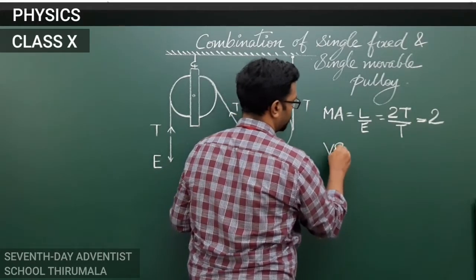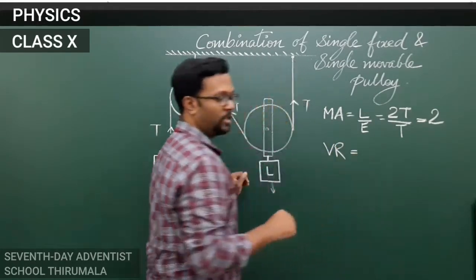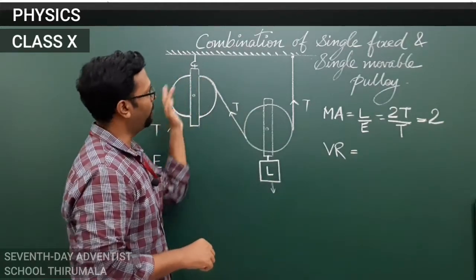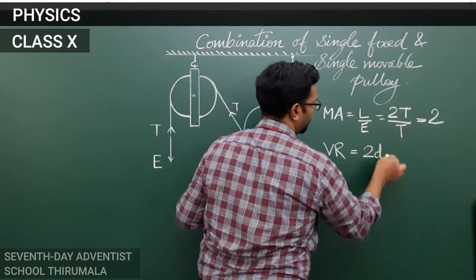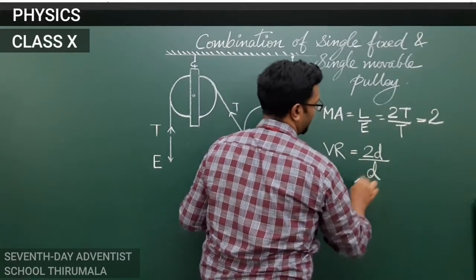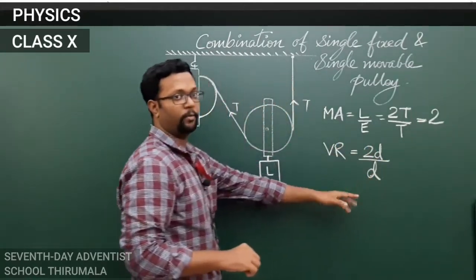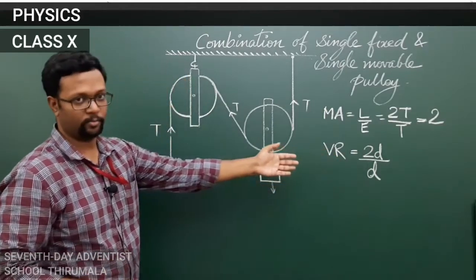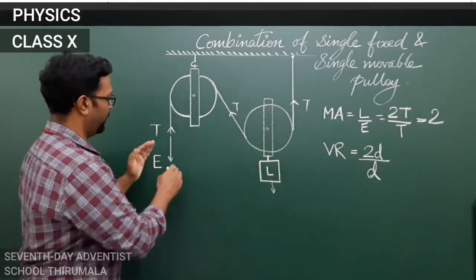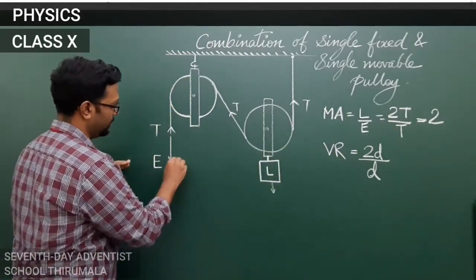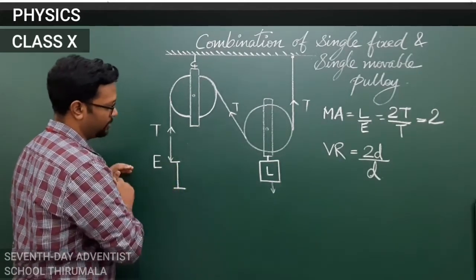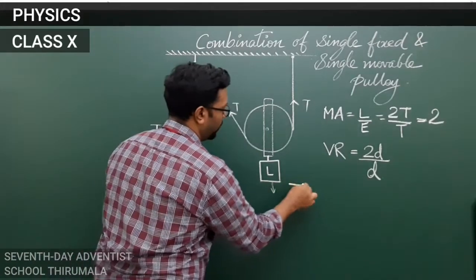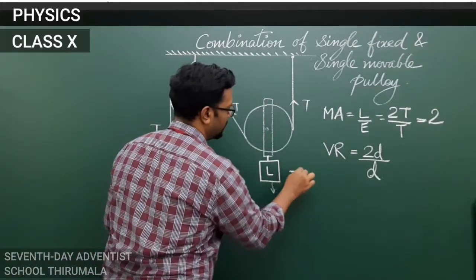When it comes to velocity ratio, the velocity ratio of this combination is 2d by d. That is from the formula effort arm by load arm, or distance moved by effort by distance moved by load.